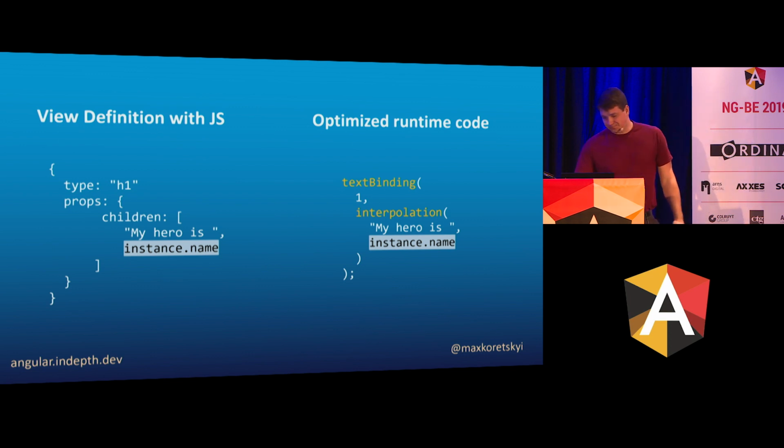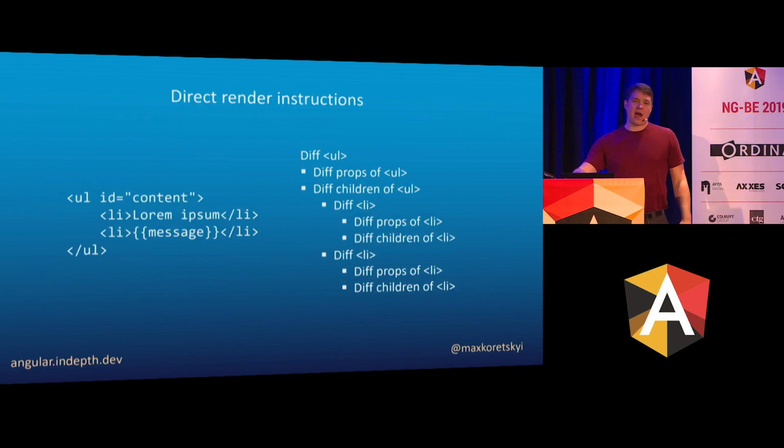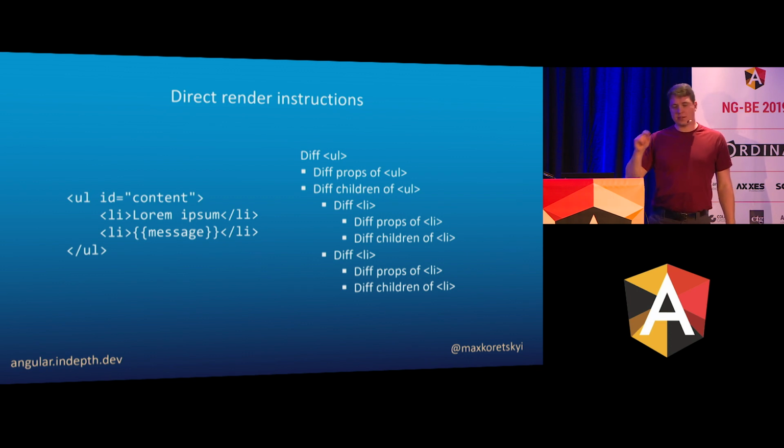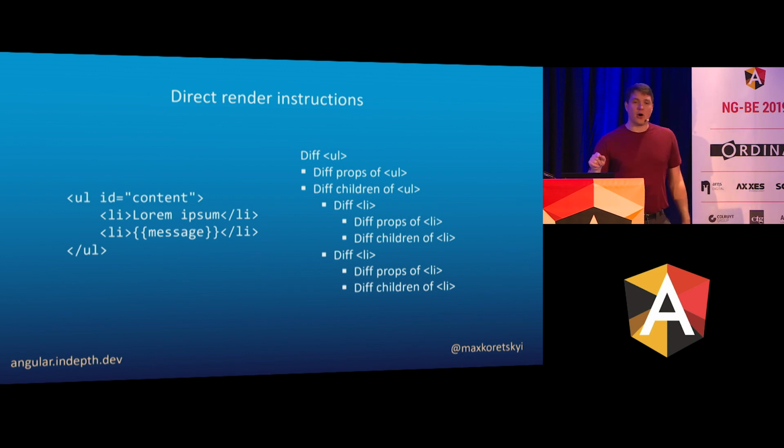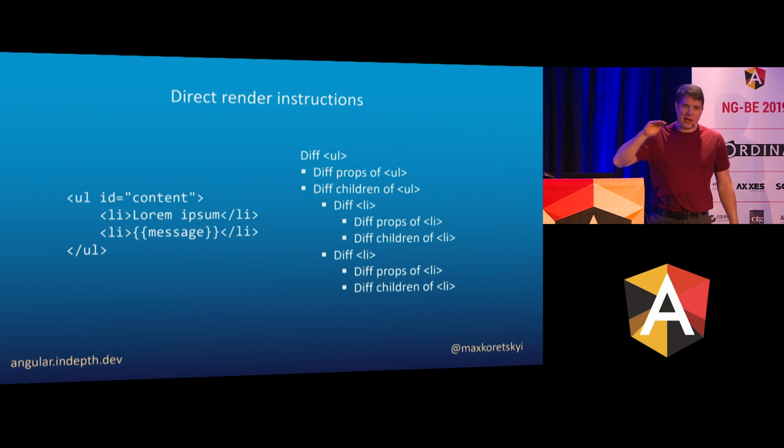And because of that, for example, say you have a DOM structure. In React, they need to go through every single node and do the checking, right? If the UL unordered list properties have changed, if the children have changed, and then go down to every single child and do this comparison. So a lot of work.